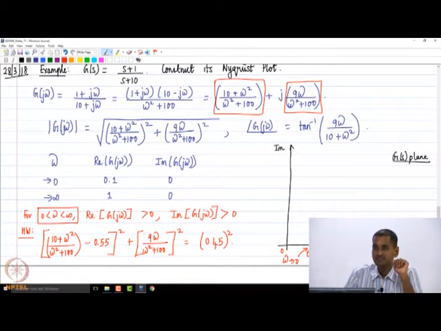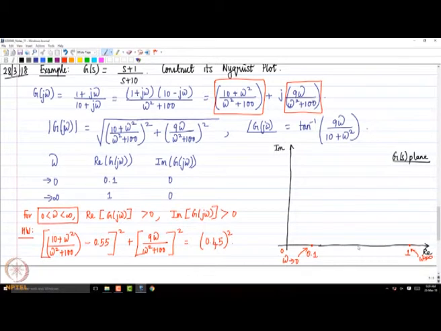You will see that this equation is going to be satisfied. So the center is somewhere here at 0.55 and we are going to have a semicircle.